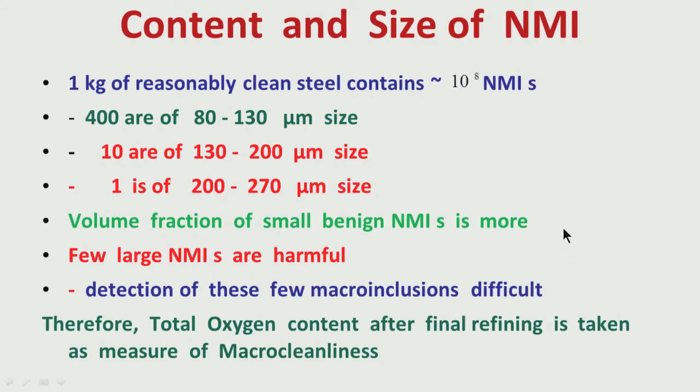But it has been found that if the total oxygen content after refining is less, that means oxide inclusions in general are less, then these macro inclusions will also be less.